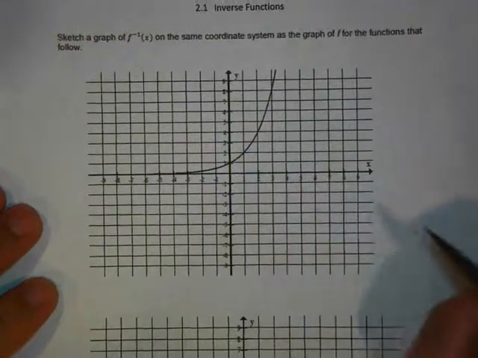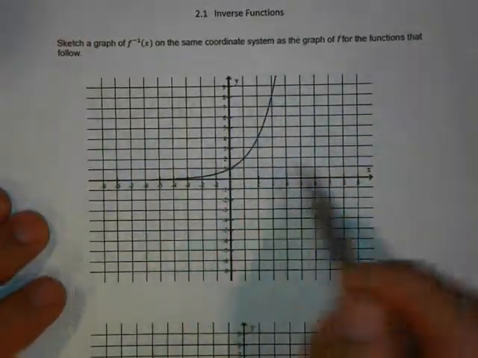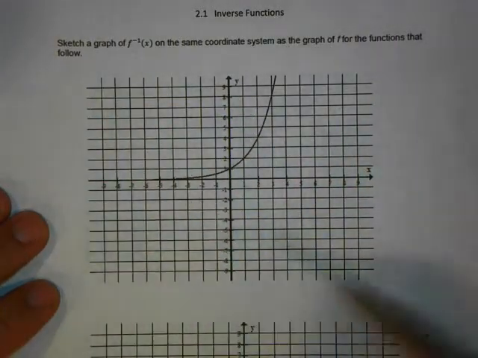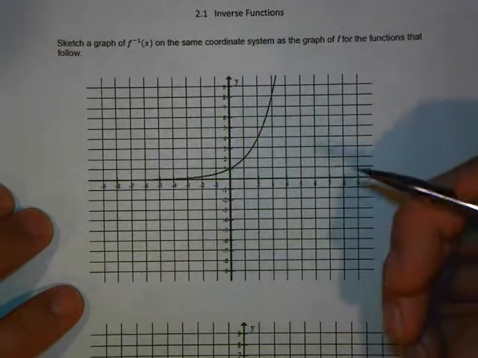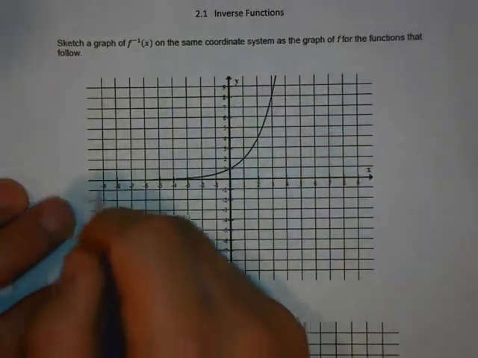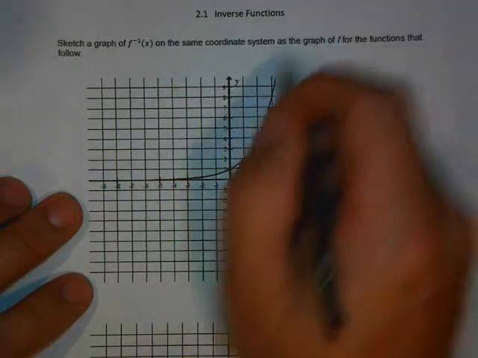So here's an exponential curve. Now, say you don't have the equation and you still want a graph. So sketch the graph of the inverse. Pick some nice points as you go through. Or first, I'm going to look at the domain. This is going to go in the entire direction.